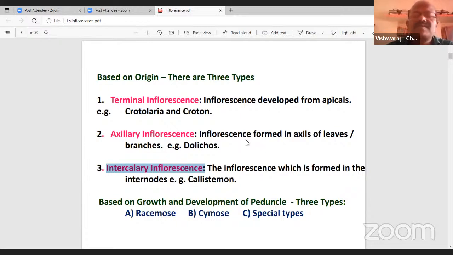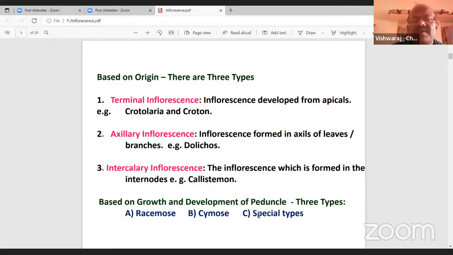On these swelling parts, eye-like structures are produced. This part is the internode, and the swelling part is called node. Then, based on origin, inflorescence based on growth and development of peduncle.